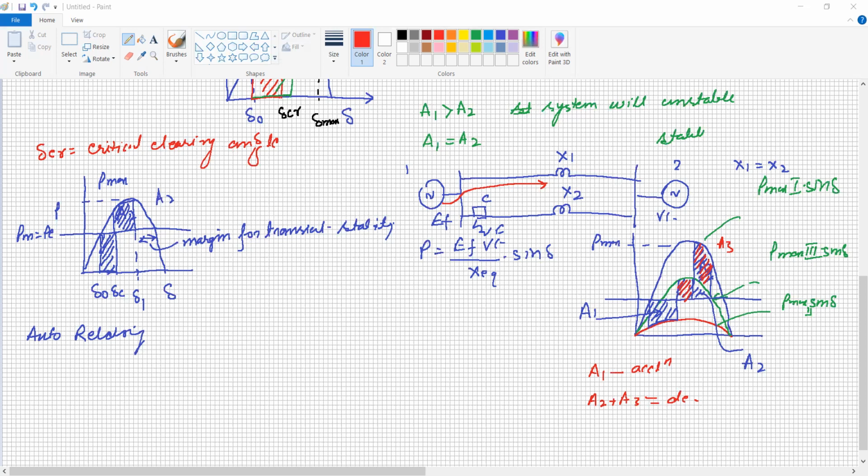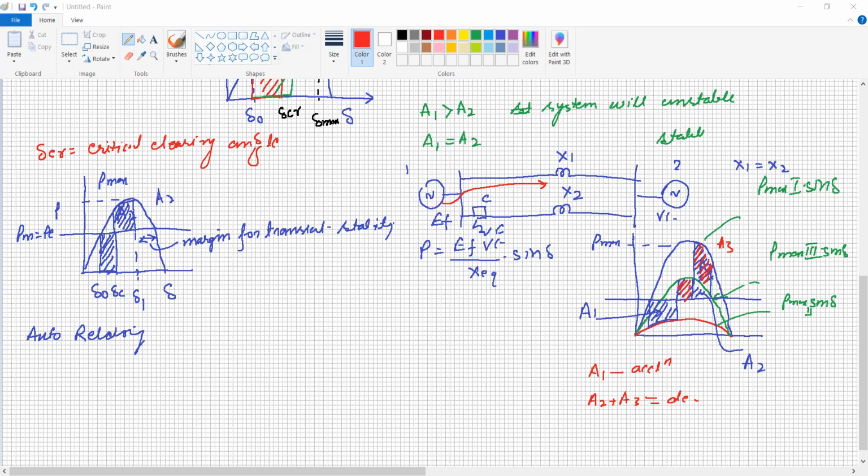So this is the case. Say here, let the fault occur over here. As soon as the fault occurs, the power goes to the 0 value. Initially, it is operating at point A, supplying power P equal to P maximum sine delta.